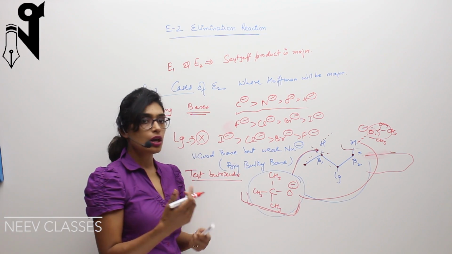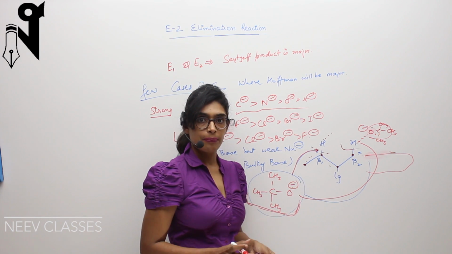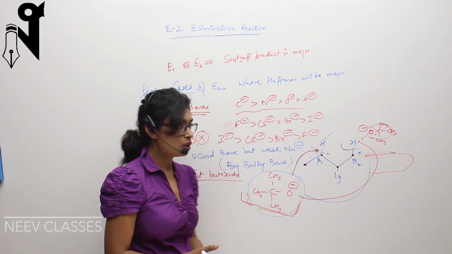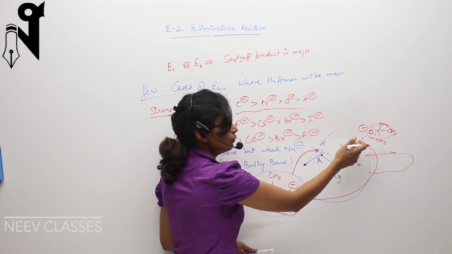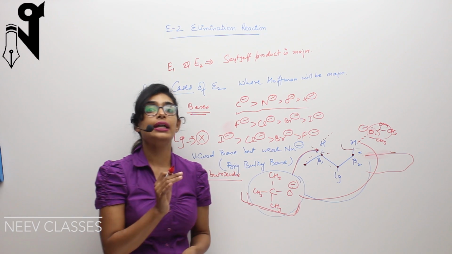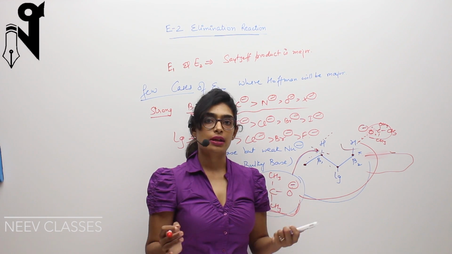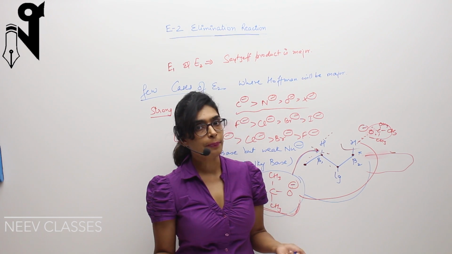So it will get repelled from these carbons, as well as get stuck due to its own heavy structure. So it will come to beta 2, remove the hydrogen from there, and form the less alkylated alkene, which is definitely a less stable product as compared to the Sn2 product, but that will be major.